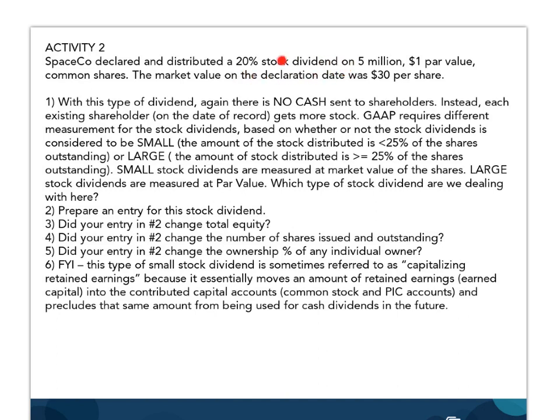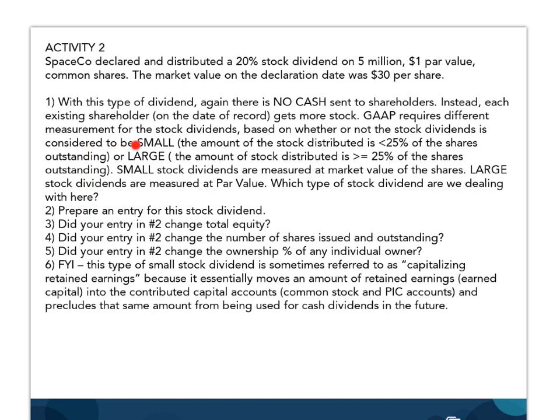So when we do these stock dividends, it's going to change the number of shares that we have outstanding. GAAP has some rules about the way we manage the recording of those stock dividends. There's no cash sent to shareholders. They're going to get additional stock.